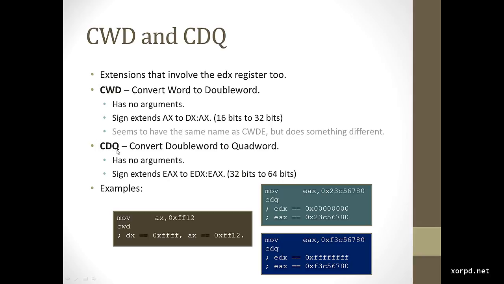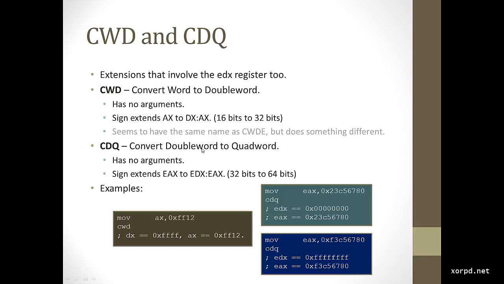CDQ. This instruction is pretty common inside assembly code. You are going to see it pretty much next to every div instruction out there. So what does it do? It converts double word to quad word. Let's just remind ourselves what these expressions mean. Double word means 32 bits and quad word means 64 bits.